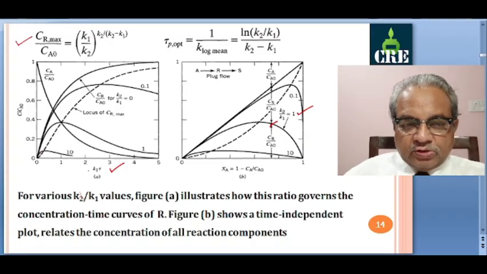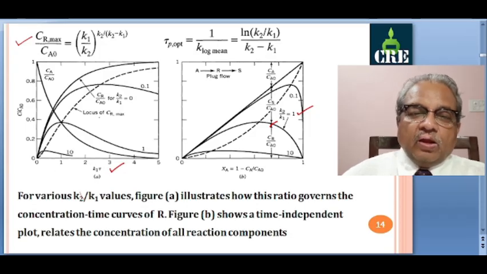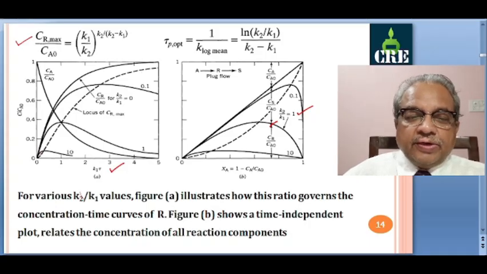K1 is constant for a given reaction, with different taus, with different residence times. If you conduct the same reaction, this K1 tau will differ, and for one value of K1 tau, if you find this distribution, you will get the information that the K2 by K1 ratio governs this distribution.